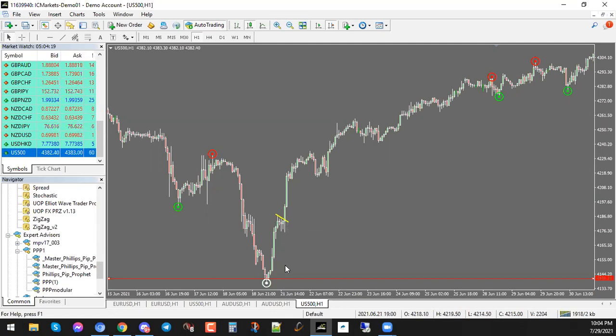Set your stop either below the swing right here, or you set your stop down here. It all depends on who you are as a trader. Some traders prefer to set their stop down here, whilst other traders prefer to set their stops down here. I am one of those traders who would put my stop here.